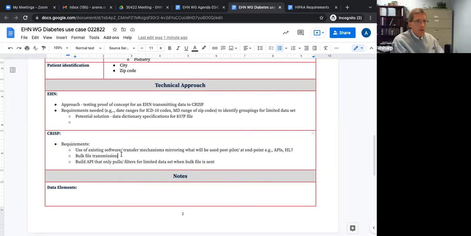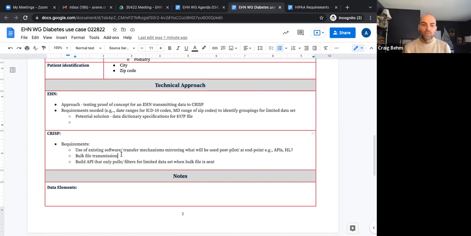Yeah, that's a good point. Mike or Craig? Yeah, so I think what we meant is essentially that we would take the data in any existing transfer mechanisms you can provide today. We're not expecting you to build out custom APIs or to do anything like that.